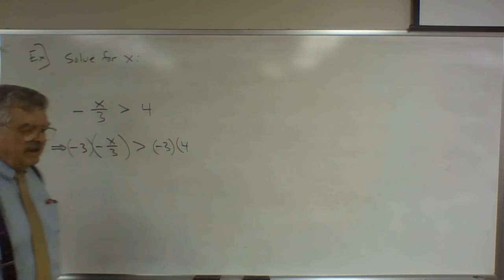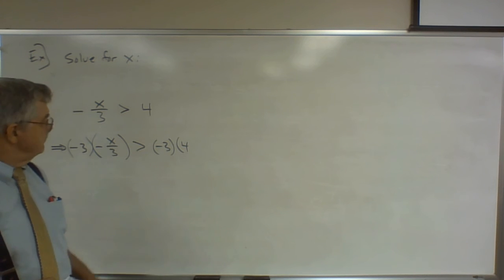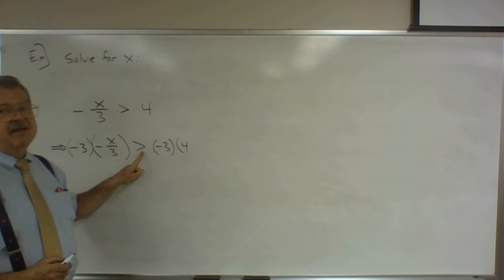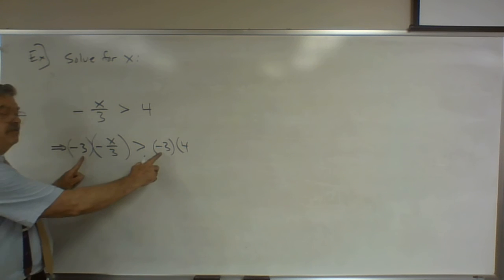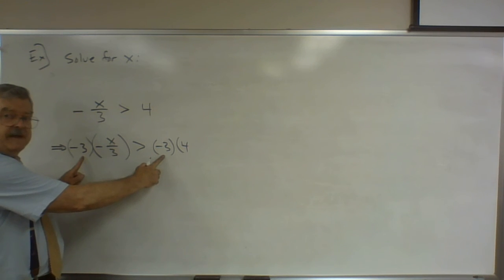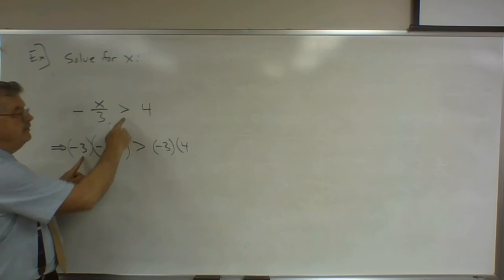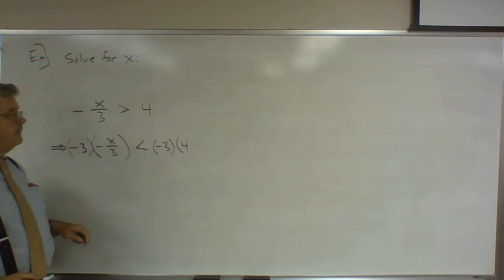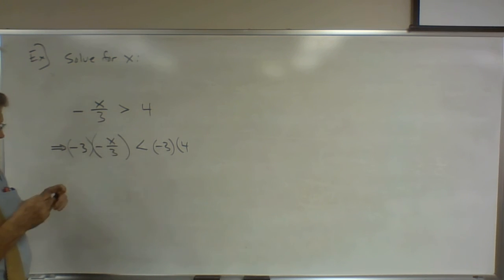Now, are you a bit anxious because of what I've written? You should be. What did I not do here that I should have? I multiplied both sides by a negative number, right? So I should have taken this inequality and turned it the other way. Okay, I turned the inequality the other way. We can breathe easy now.